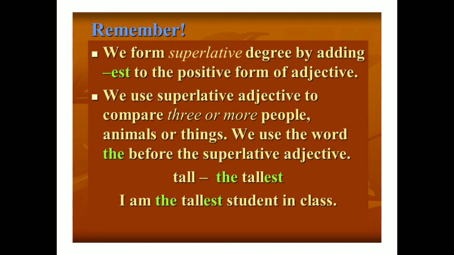It is used to compare more than two objects, places or people. For example, his house is the biggest of all. Here in superlative, there is a comparison of more than two. Remember, positive means simple, no comparison. In comparative we do the comparison of two persons, objects and places, and in superlative we do the comparison of more than two persons, places and things. For example, elephant is the biggest animal, or you can say his house is the biggest of all. I am the tallest student in class.